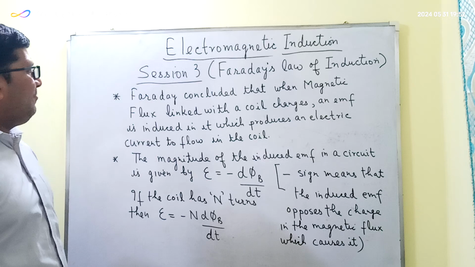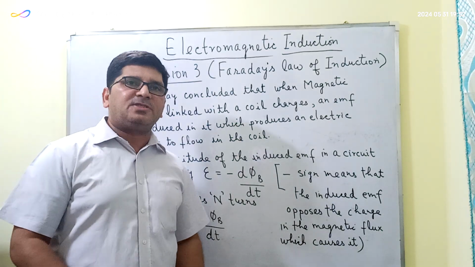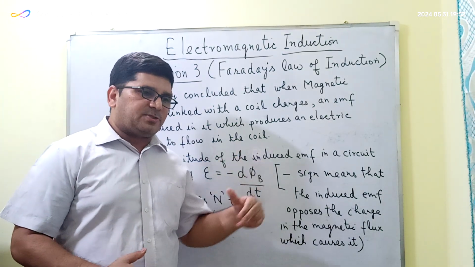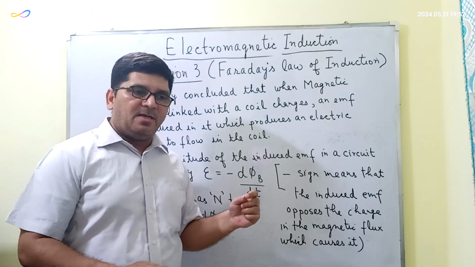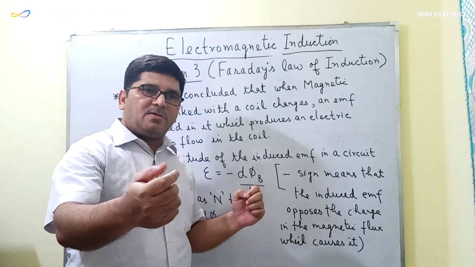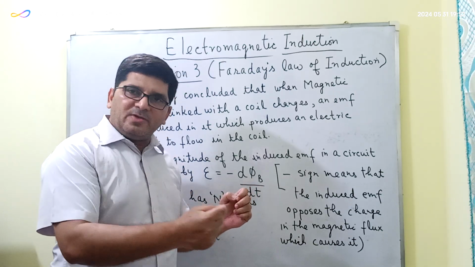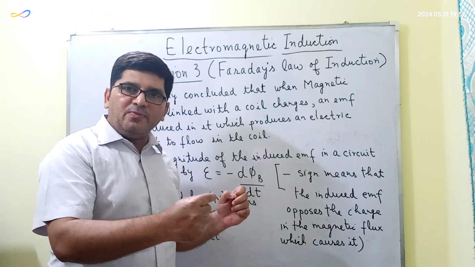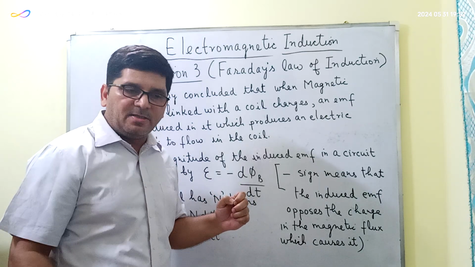So Faraday conducted a number of experiments in which he took a closed coil and brought a bar magnet towards it and moved this bar magnet away from it.